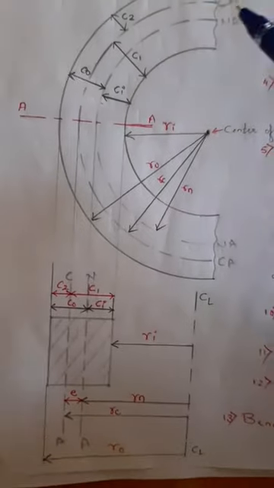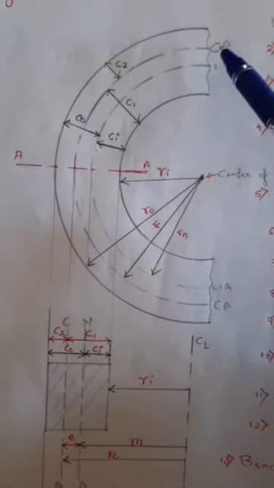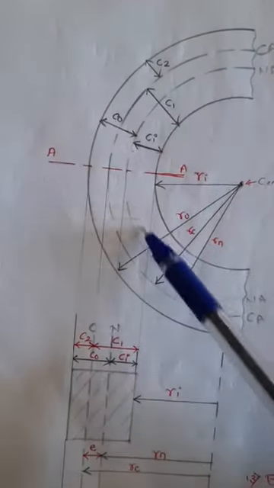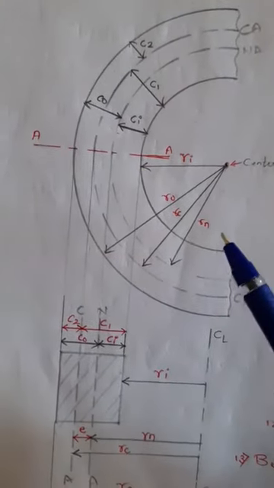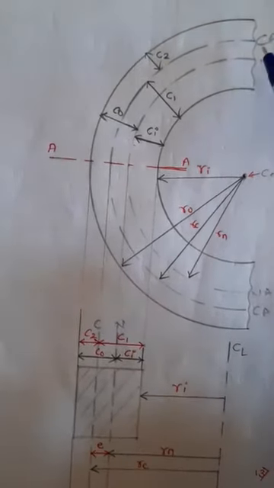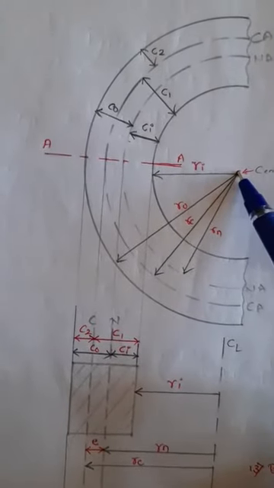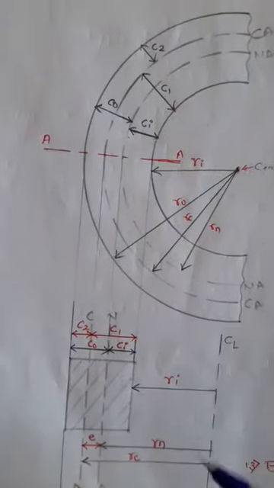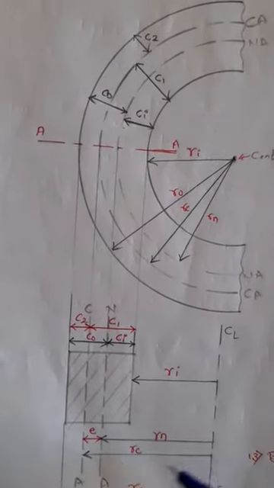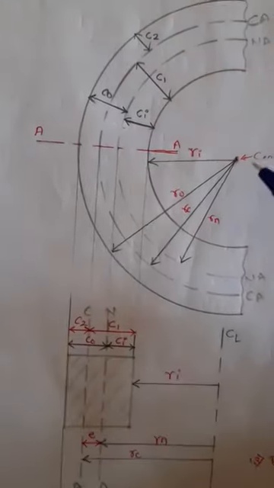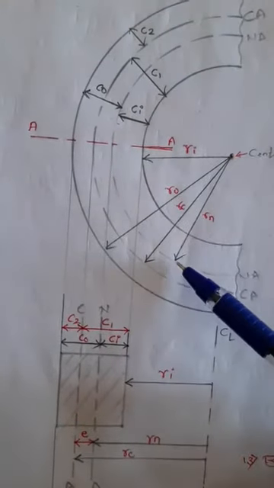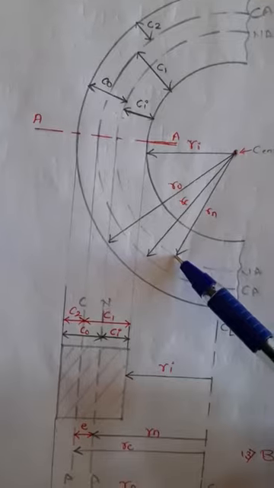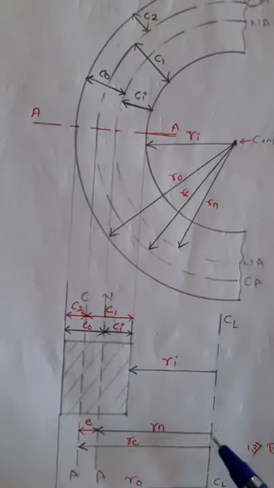Then a curved beam has two axes. Those are the centroidal axis and the neutral axis. The radius of the centroidal axis is called RC. This is the RC. The radius of the neutral axis is called RN. So from the center to the neutral axis is RN.